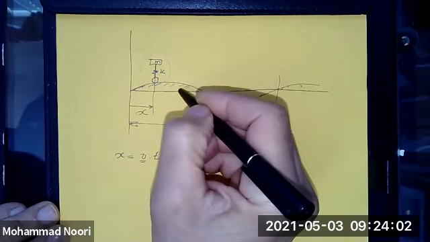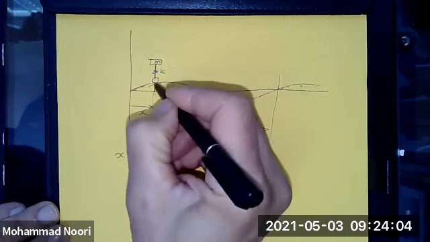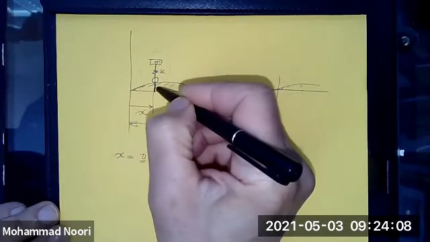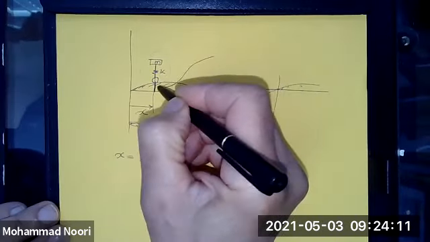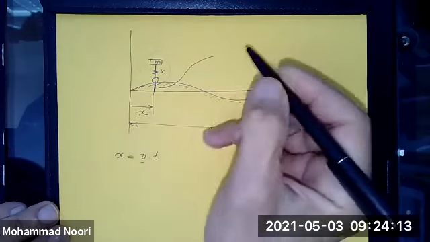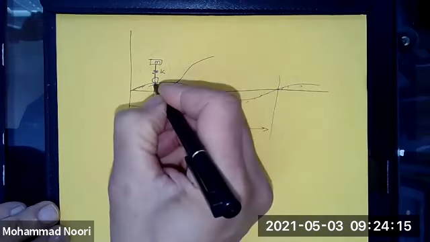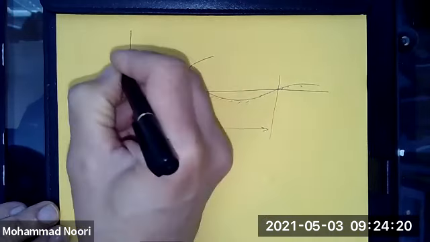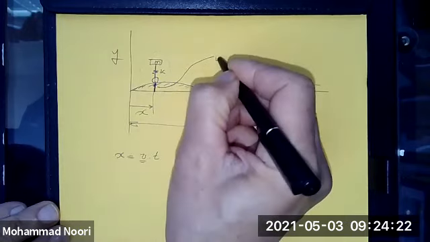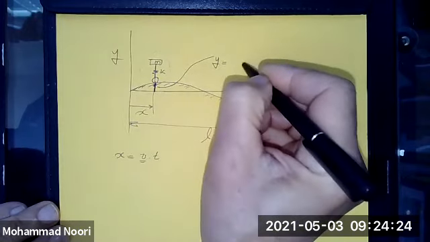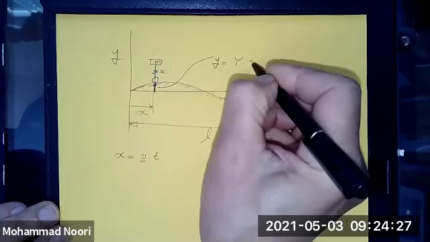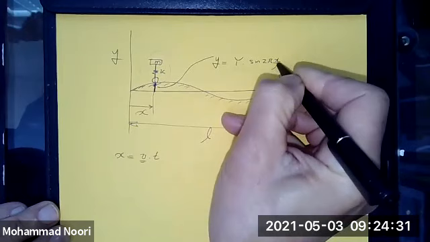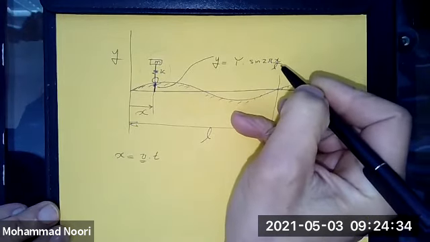And the height of this, or depth of whatever, of this road roughness, if this is y, y is given with this function, y sine of 2 pi x over L, okay?